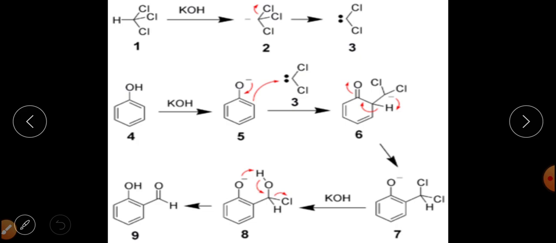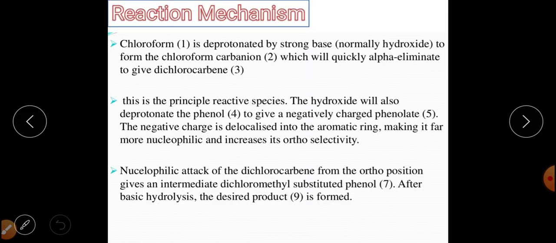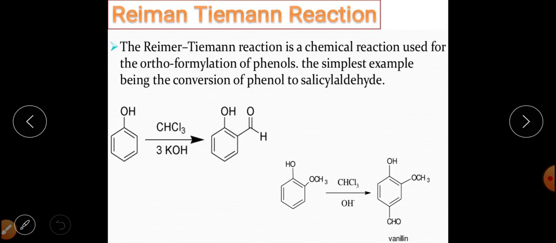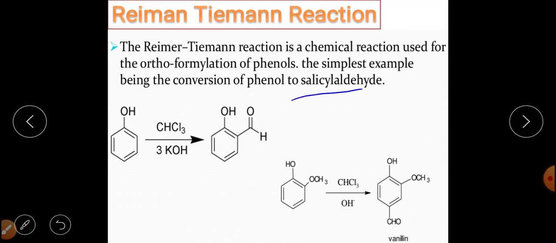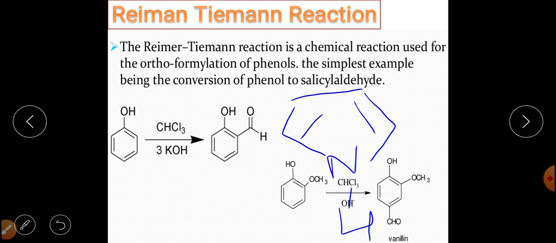For example, if we take the example of pyrrole, right? So if we take the example of pyrrole, this is your pyrrole, and when this is allowed to react with this reagent, what will happen here?